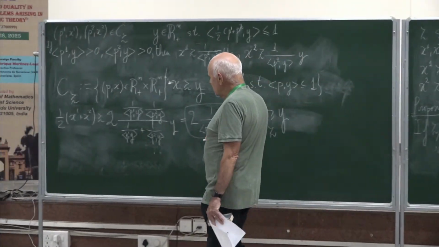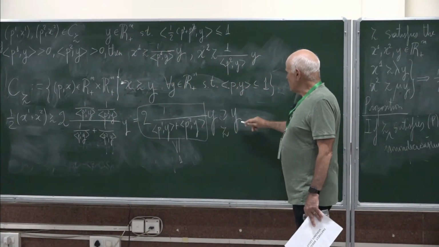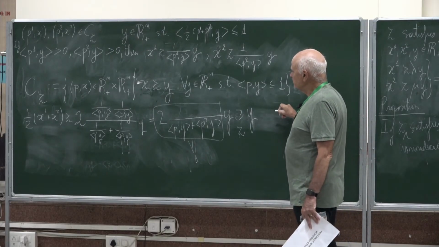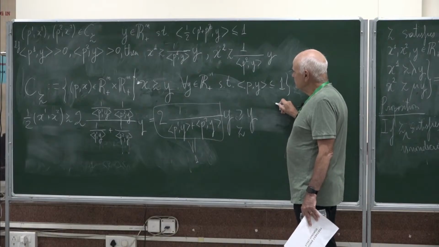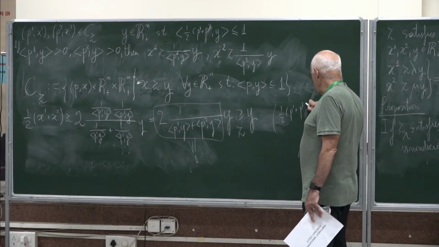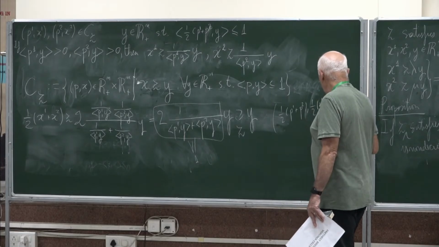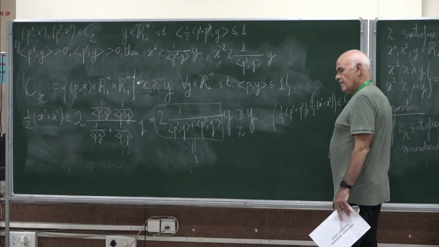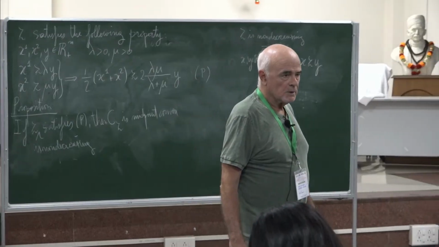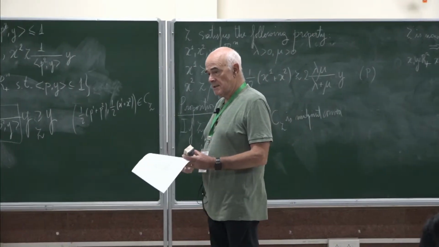So by transitivity, we have that this condition is satisfied, and so the pair one half P1 plus P2, one half X1 plus X2 belongs to this set, as had to be proved. Okay? But we have needed the assumption of non-decreasingness.